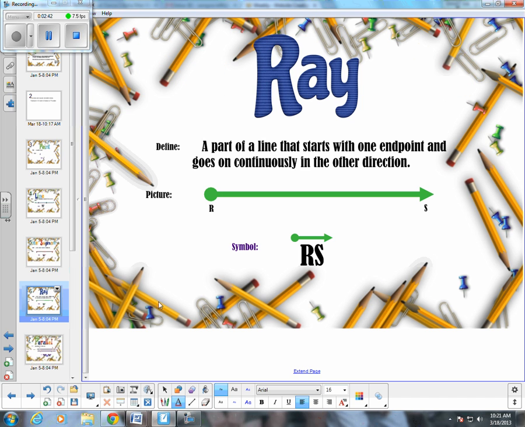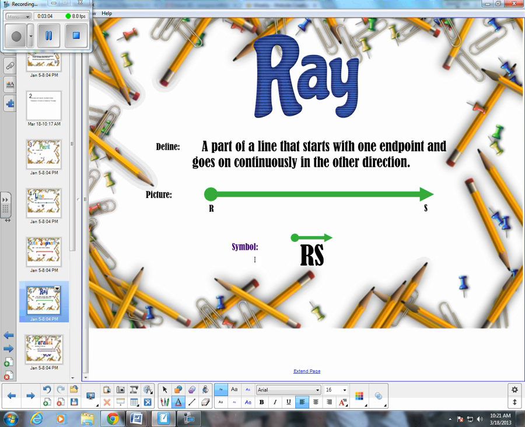The other one we're going to talk about is a ray. Now a ray is kind of a line segment and a line put together. It is a part of a line that starts with one endpoint and goes continuously in the other direction. So if you notice, it has a point on one end and then it goes continuously in one direction with an arrow on the end.